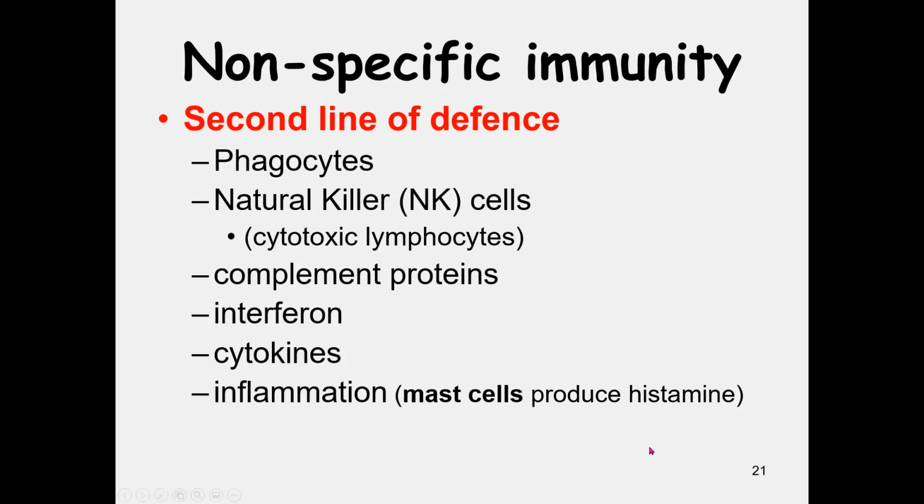The histamines cause the blood flow to increase to that area, and that's why it becomes a bit redder, a bit warmer, and it allows the white blood cells to come out to protect against whatever caused the problem.